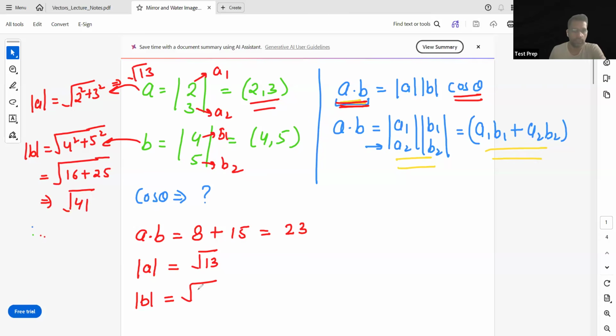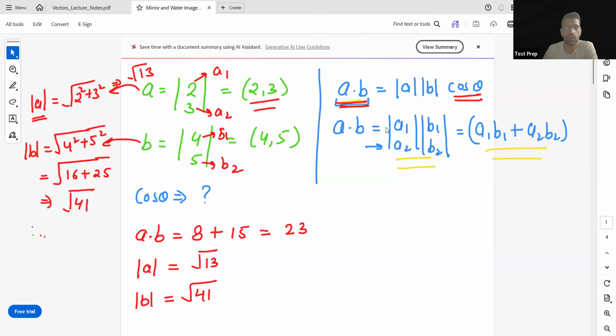Clear? If not, please ask, because it is very important for your examination. In the magnitude, you just take the under root of the sum of their squares.